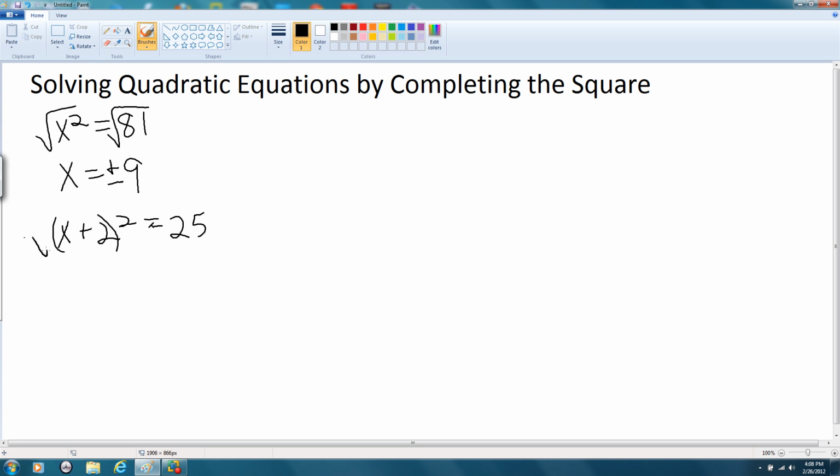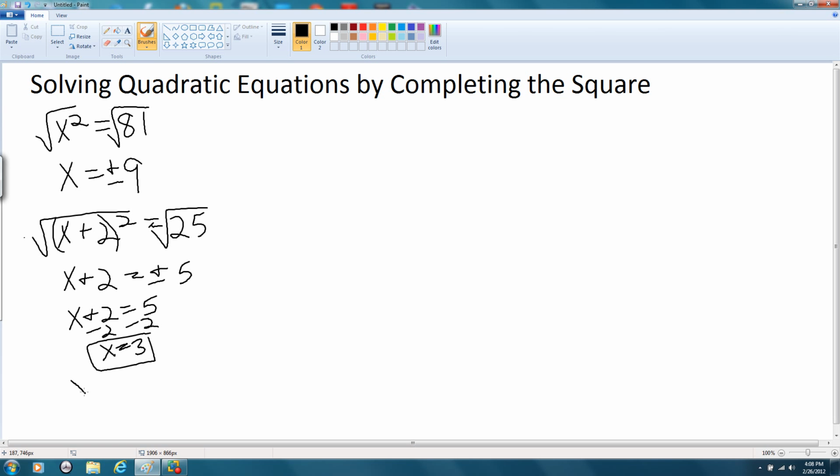I can take the square root of both sides. And I can say, oh, that's cool. That's x plus 2 is equal to plus or minus 5. And so that's x plus 2 is equal to 5. Subtract 2 from both sides. I get x is equal to 3.